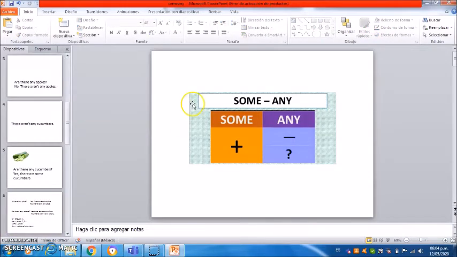So remember, some is for plural, 1, 2, 3, 4, 5, and for those things that we can count. 1 apple, 1 mango, okay? But for those that we are using 0, or we don't have it, or making a question, we're going to use any.